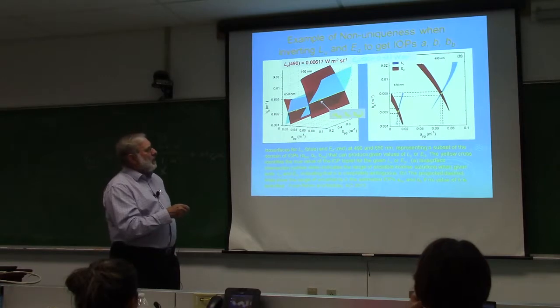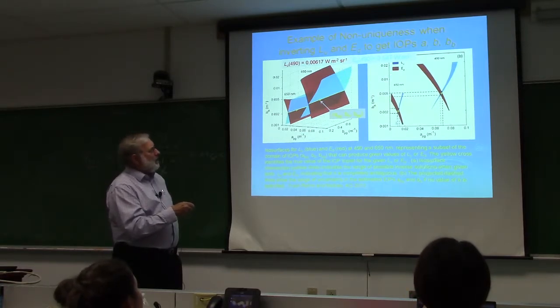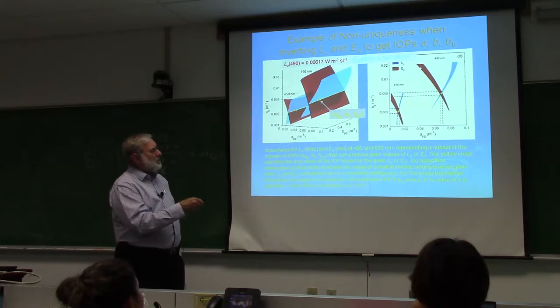So he runs the model, and he finds out, for example, that to get this value of LU, I can have a high backscatter coefficient and a lower absorption, or I could have lower backscatter and higher absorption. And so I get a whole set of BB and A values that go along this line here.